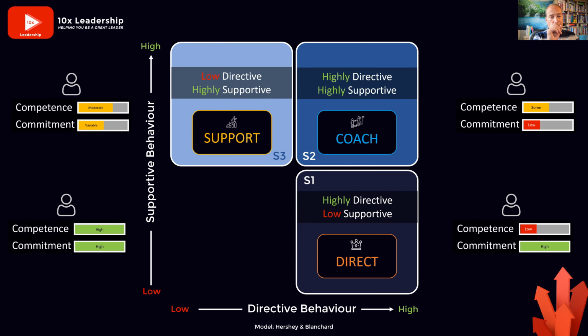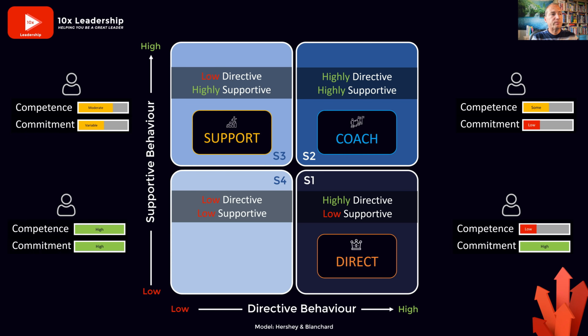And in this scenario, as you can see from where this box appears on the chart, you need a low level of direction, so low directive, but also low supportive. And this really is where you can delegate.